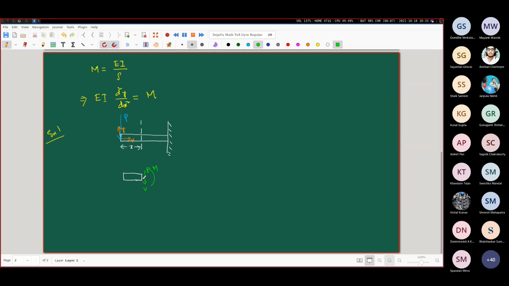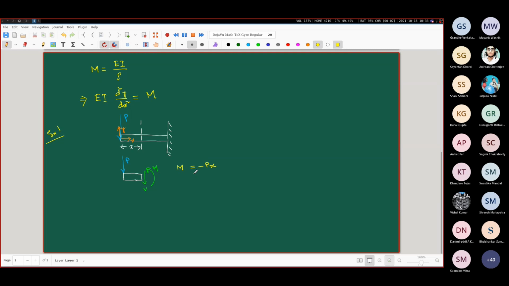So this is at the exposed end of this cut section to the left. You also have this P here. So if you do the moment balance, what are you going to get for the M? Minus Px. M is equal to minus Px. That's all there is to it. Okay, so M is equal to minus Px.